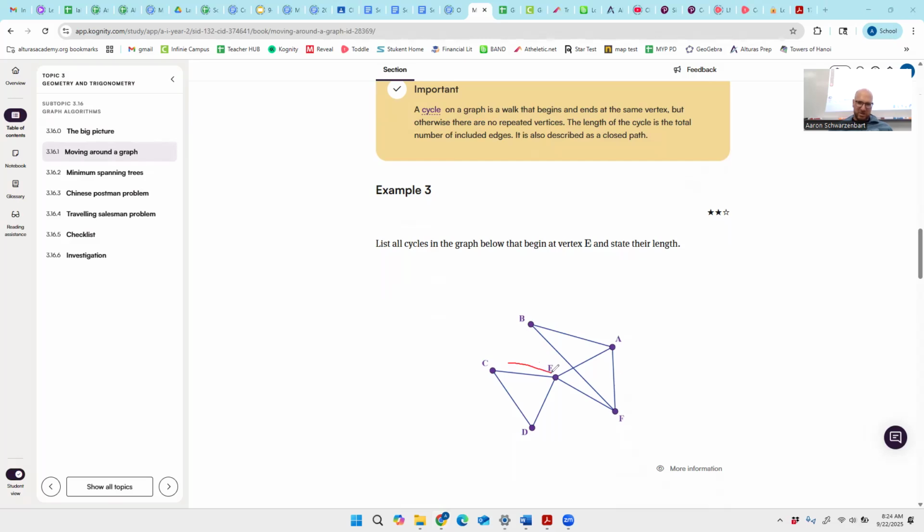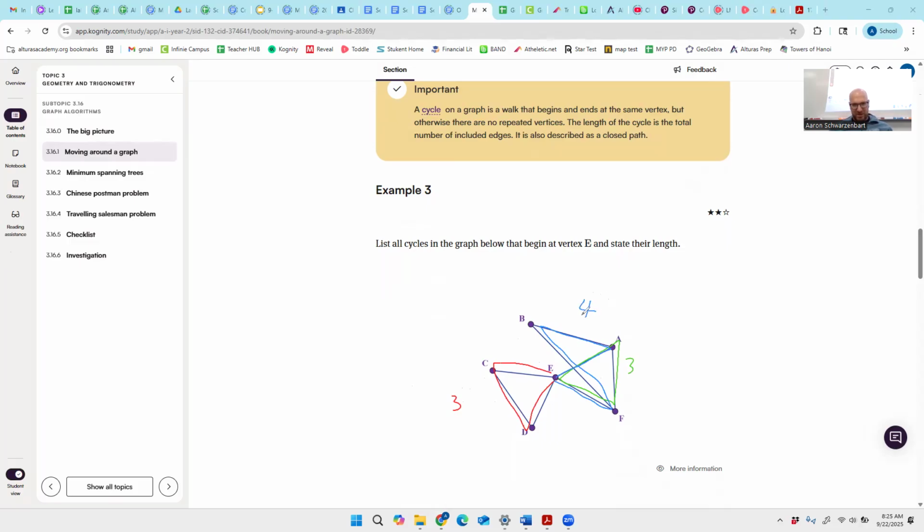Cycle number 1 has a length of 3. Cycle number 2 also has a length of 3. Cycle number 3 has a length of 4.